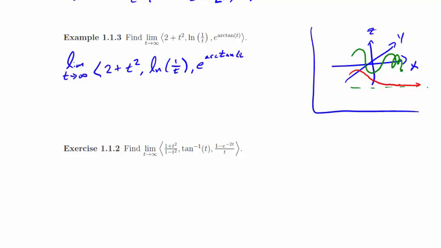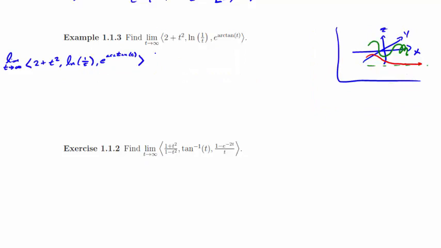I'm realizing I'm writing way too big for this problem, so I'm going to squeeze this down a bit. Okay, so in order to take this limit, I'm going to look at the limit of each of the components individually.